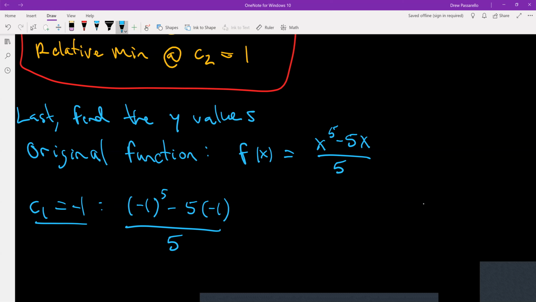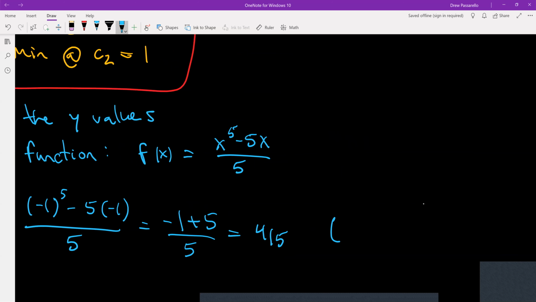So it's really -1. And then negative times negative is positive, so that'd be plus 5 over 5. So it's 5 minus 1 over 5. So that gives me 4/5. That's the y coordinate that went with the critical number being -1. So that's the point -1 comma 4/5.